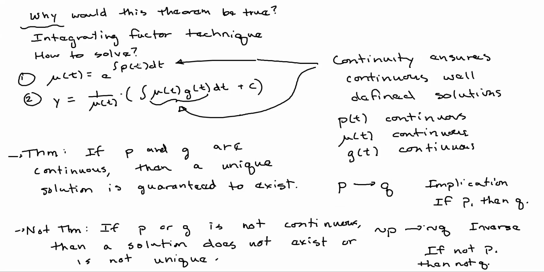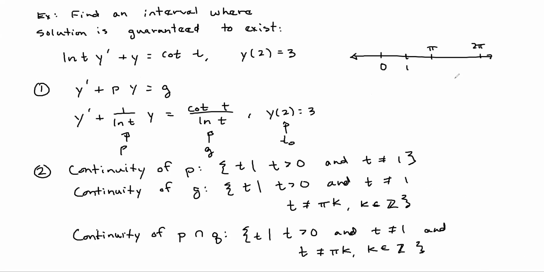You'd be guaranteed to be able to integrate p, and then you'd be guaranteed to be able to integrate the result of mu times g. You'd be able to do all those integrals and not have any bad stuff happen, not have any shenanigans. So you have just these nice continuous functions. The integral of continuous functions are continuous; they're well behaved.